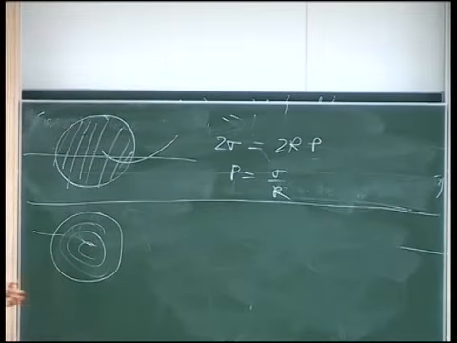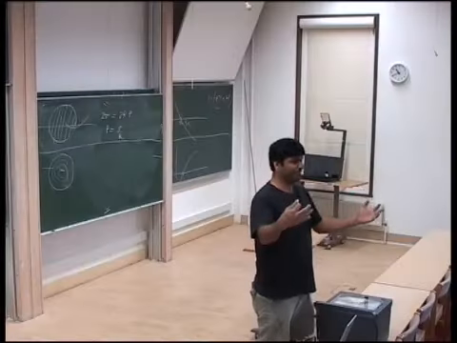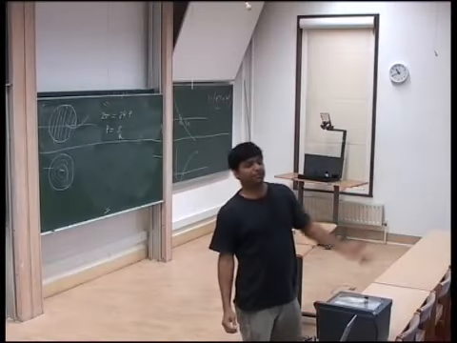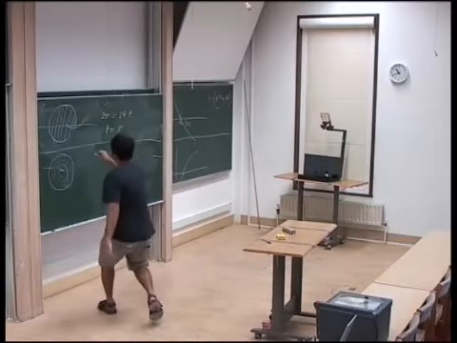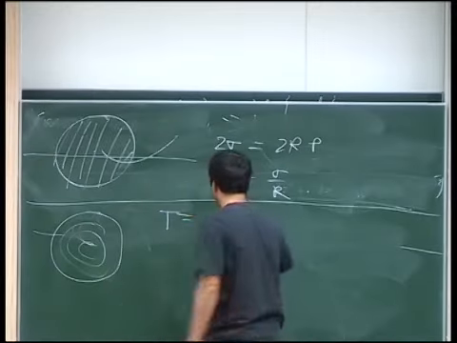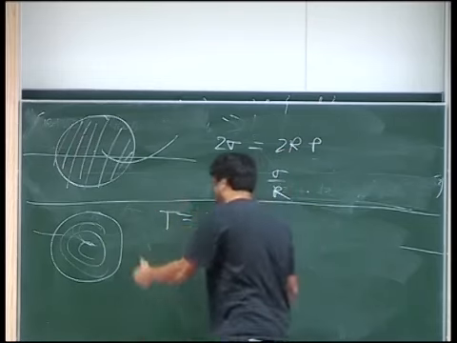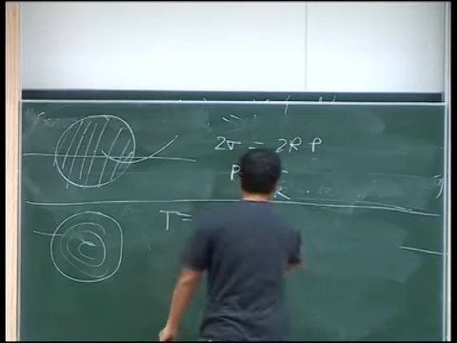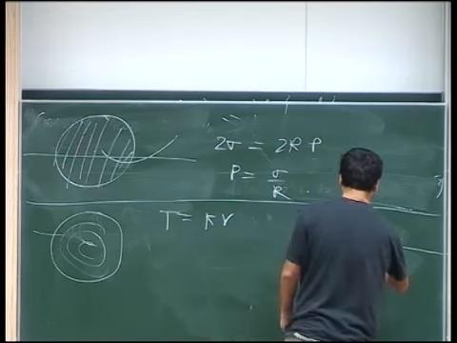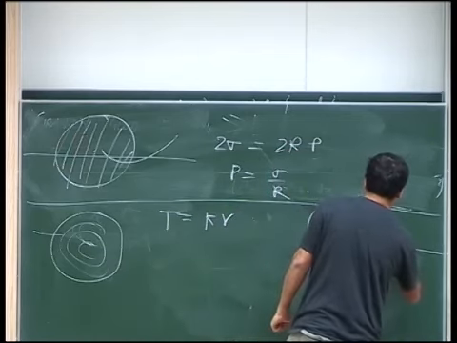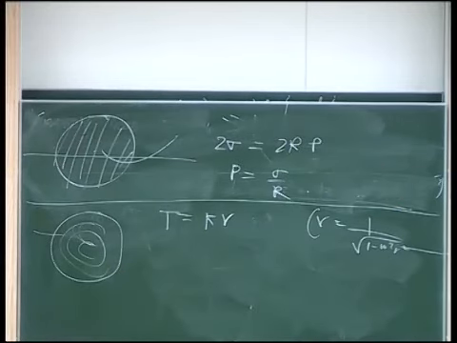Now, of course, it's not true that the temperature and the pressure are uniform in the plasma. They vary, but they vary exactly in the same way that we saw yesterday. The temperature is equal to an integration constant times the local gamma factor, where in this case, because we're in flat space, gamma is even simpler than before. Gamma is equal to 1 over square root of 1 minus omega squared r squared, where r is the distance in polar coordinates from the center.